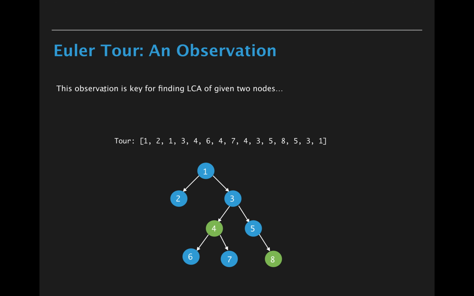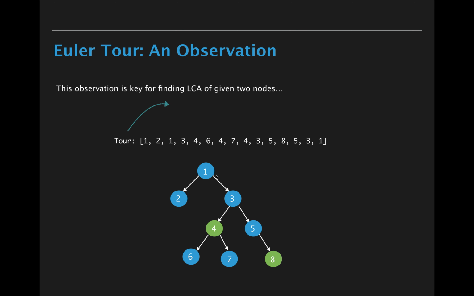Next, we have an observation. This observation is key for finding the lowest common ancestor of two nodes. So in this example, we have node 4 and node 8. And we have the tour, which we computed before. So given nodes 4 and 8, the first thing we need to know is where the first 4 exists in the tour.